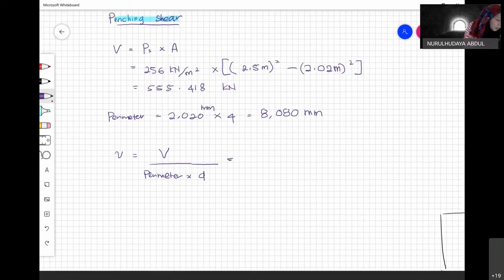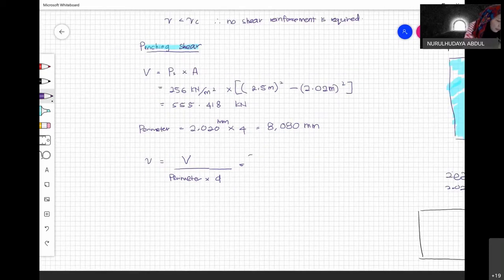So V, we have our V which is 555.418 times 10 power of 3 Newton. Divide with perimeter 8080 mm, darab D 540 mm.